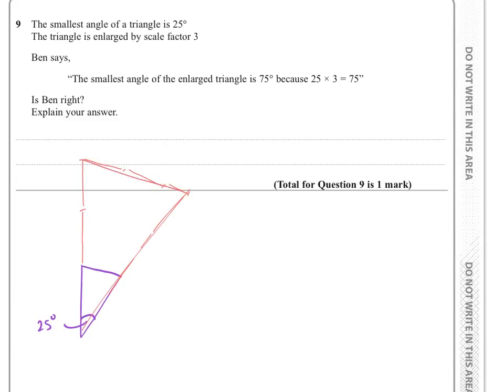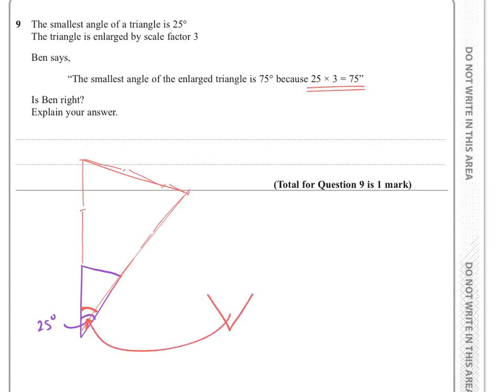Now think about it. The angle here couldn't actually get bigger, because if it did and became 75 like Ben thought, then it wouldn't be the same triangle, would it? You'd have an angle something like this for the angle here.